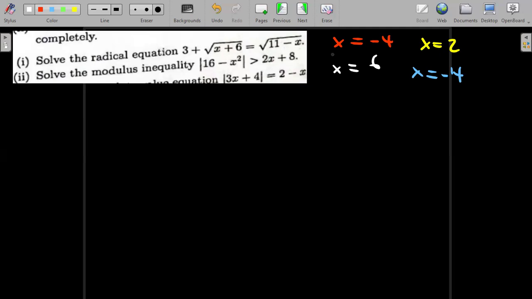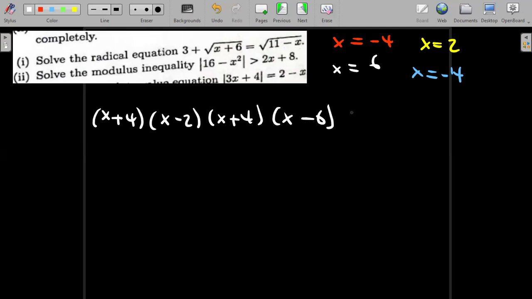If I write these as linear factors, I'll have first one to be x plus 4, then x minus 2, then x plus 4, and then x minus 6, and we're saying this should be greater than what? Than 0. So this is what it comes out to.